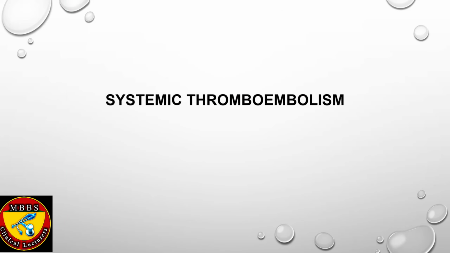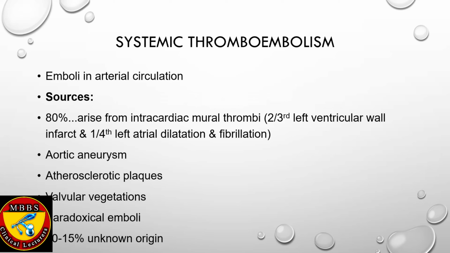Now we move towards systemic thromboembolism, where the emboli are usually present in the arterial circulation. Now 80% of them arise from intracardiac mural thrombi. What do you understand by mural? Mural means the wall, the cardiac wall. Yes.